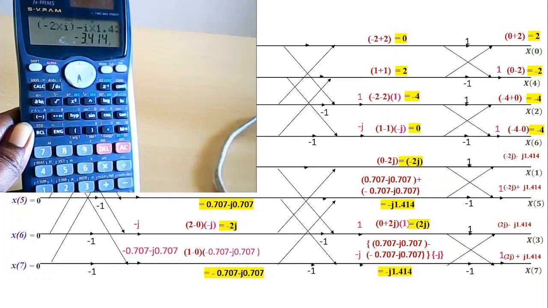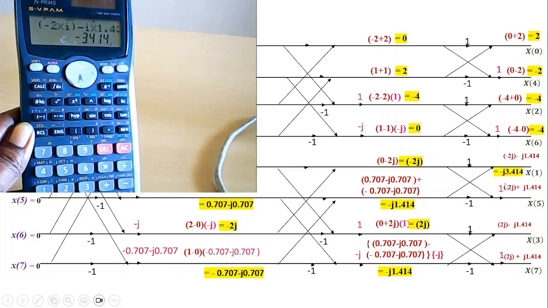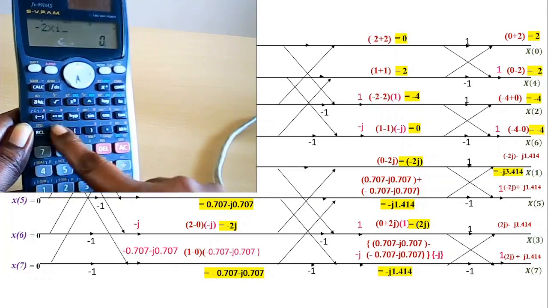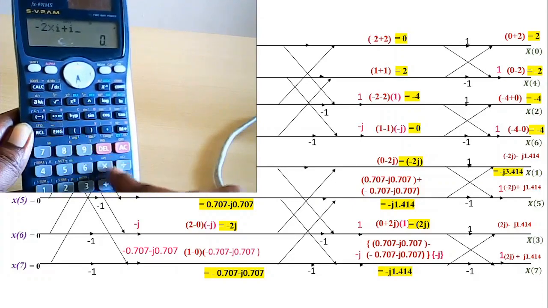So the value is going to be minus 3.414j, and here next is going to be minus 2 into j plus j into 1.414.